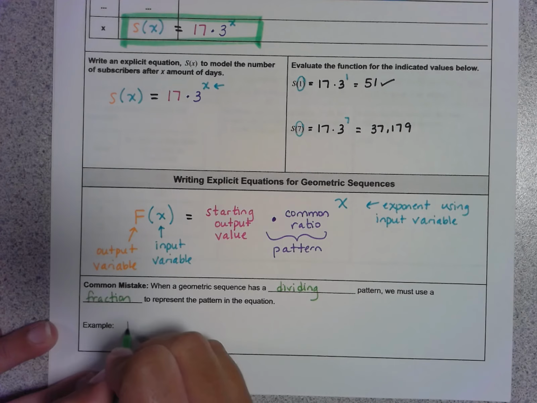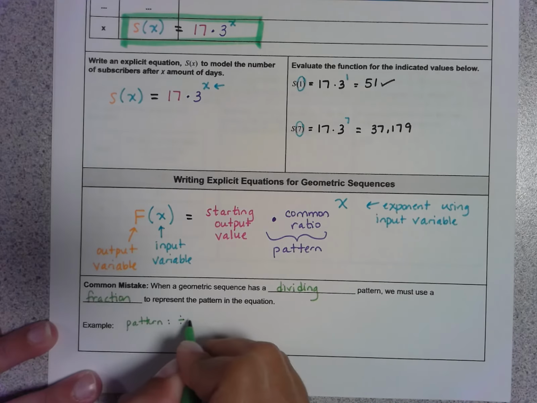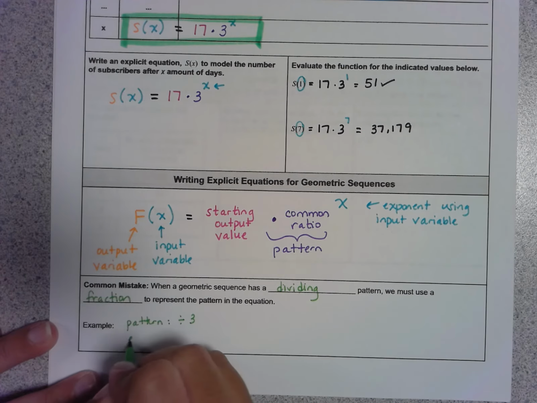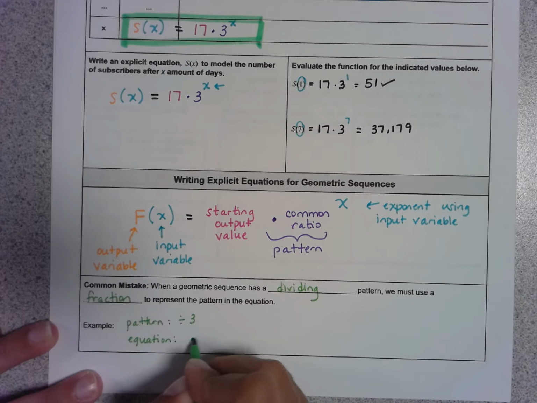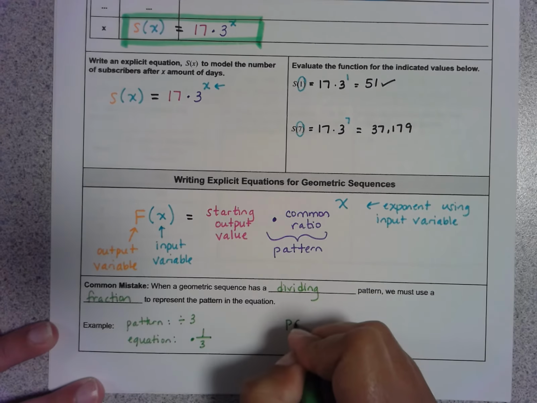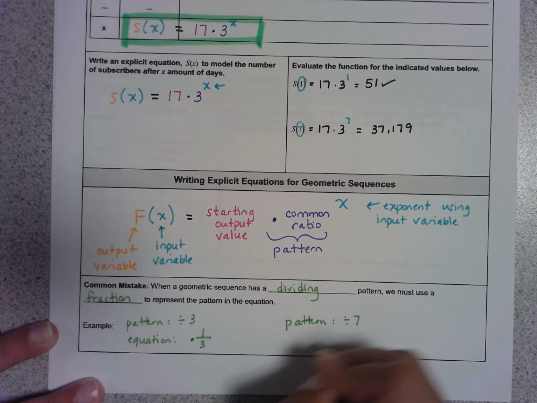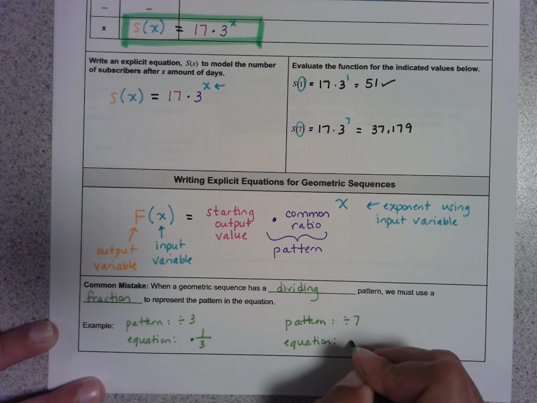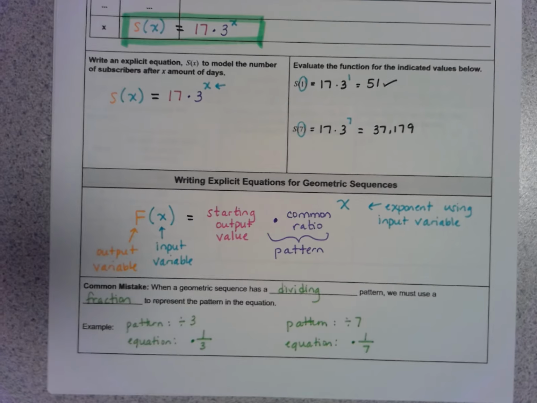So for example, if the pattern is dividing by 3, then in the equation, we would write times 1/3. If the pattern is dividing by 7, then in the equation, we would write times 1/7.